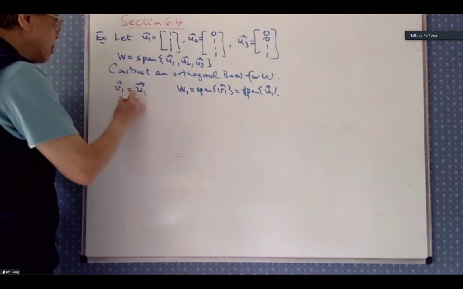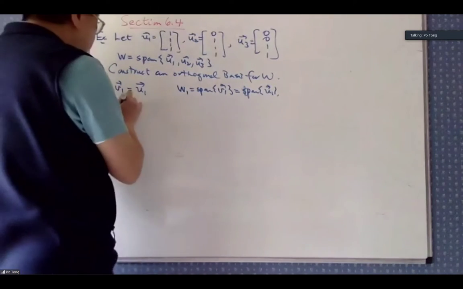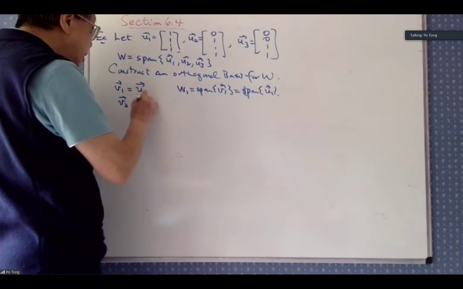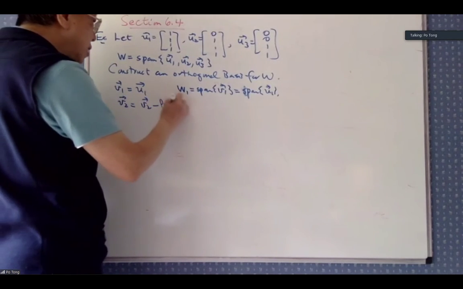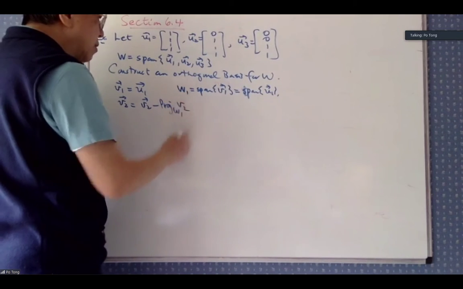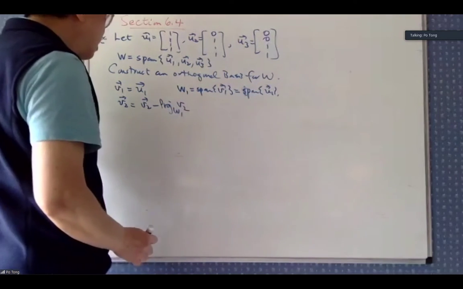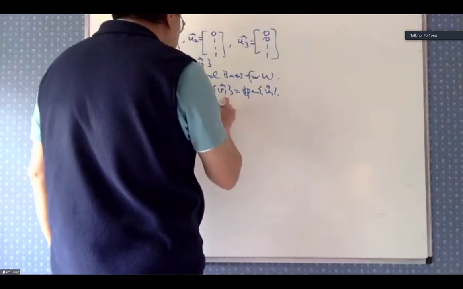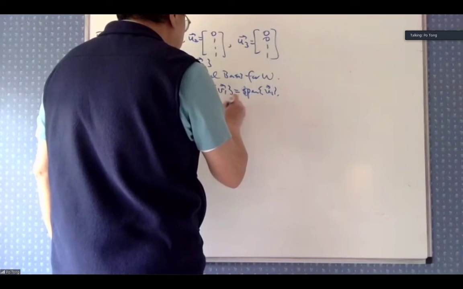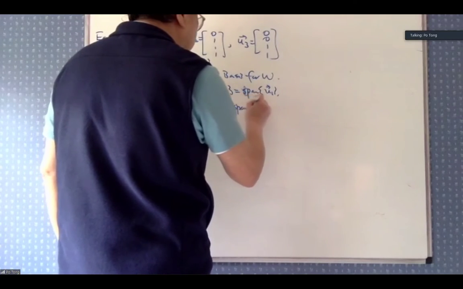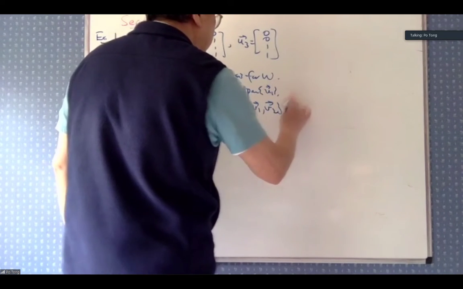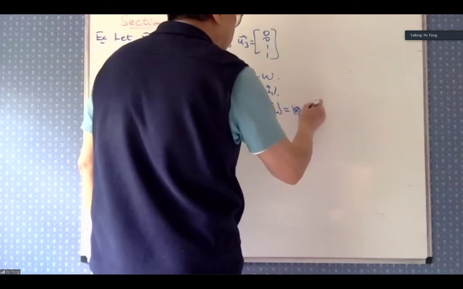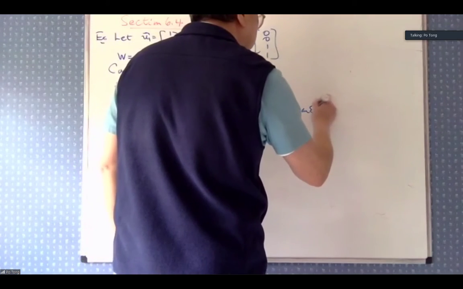V2 is going to be equal to U2, subtract the projection of U2 onto W1. Okay? And then you end up with W2, which is the span of V1, V2, which is the same as the span of U1, U2.